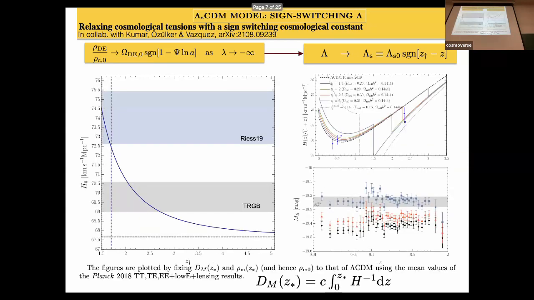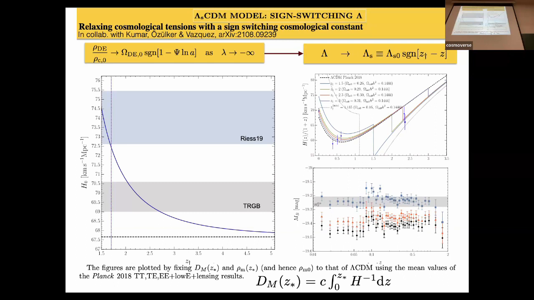Then here we guarantee that this model is consistent with the CMB spectrum. In our preliminary investigations, we found this relation. You see, with respect to z dagger, your H0 is increasing.